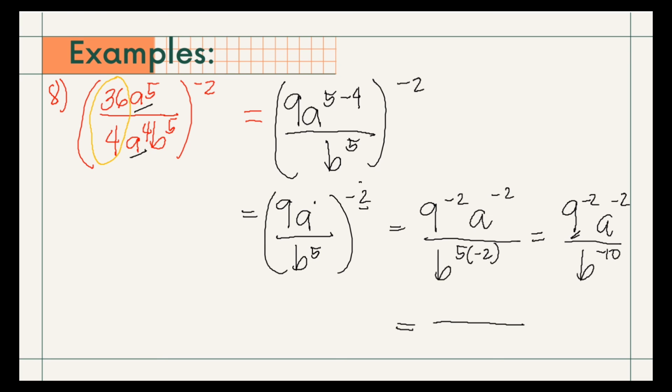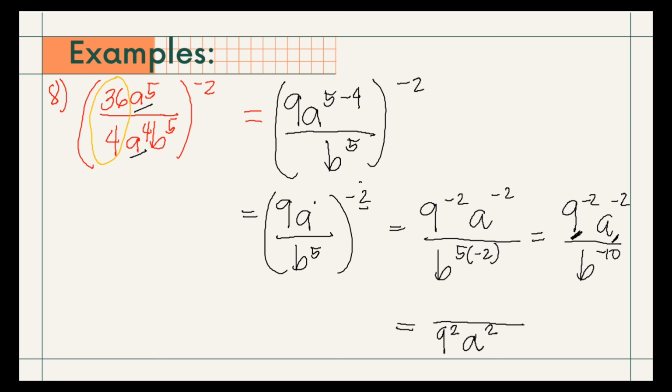So, since etong 9 ay nasa numerator at negative ang kanyang exponent, so lipat natin siya sa denominator. And then, etong a raised to negative 2, since nasa numerator siya at negative din yung exponent niya, para maging positive ang exponent niya, ililipat natin siya sa denominator.